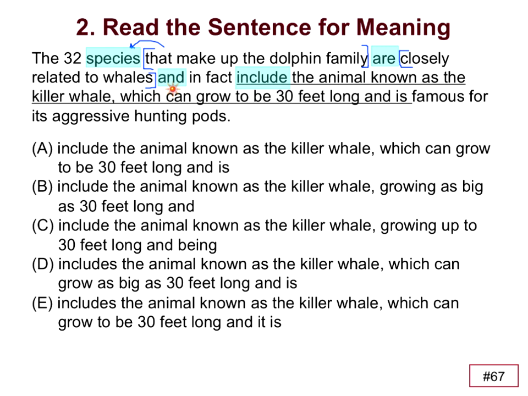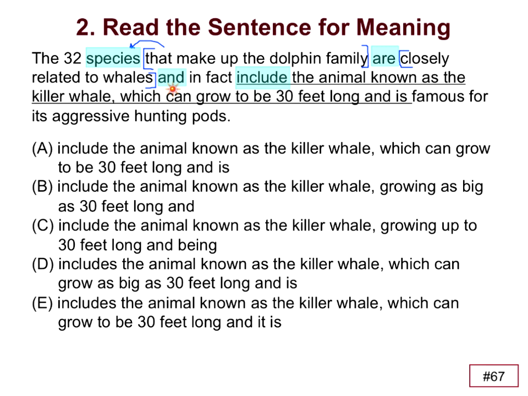What's the and making parallel? Tricky. I'm getting lots of opinions on this guy.